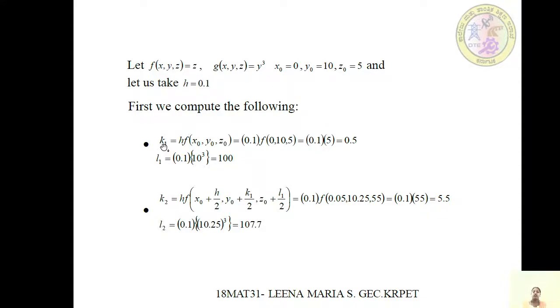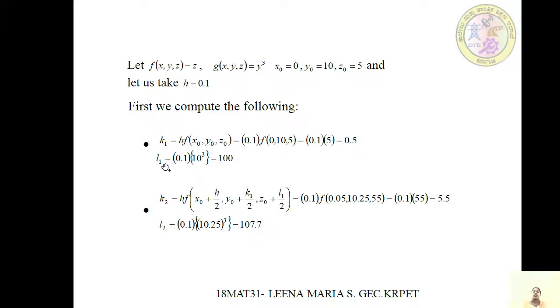Now we are going to find the formulas for K1 and L1. K1 is equal to h times f of x naught comma y naught comma z naught, where h is 0.1. With x naught 0, y naught 10, z naught 5, f of x comma y comma z is z, so I take the value of z, which is 5. 0.1 into 5, multiplying these two, we get 0.5.